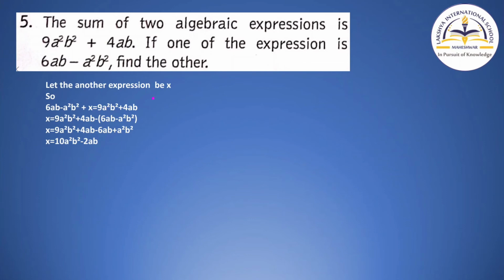Now we have to equate them. Now x equals, again we have transferred this to the RHS. It will have a minus sign. Here it is plus sign. When we transfer, it will become minus sign. Now you have to multiply minus into the complete expression. Then here there will be a minus sign, here there will be a plus sign. Now when you solve this, you will get your answer.